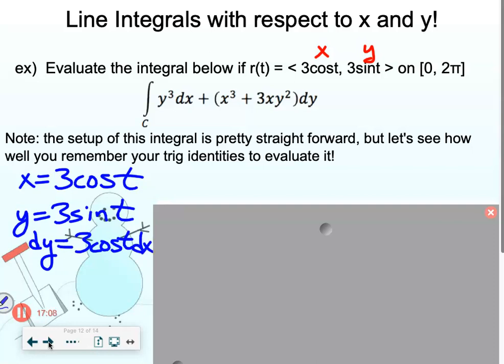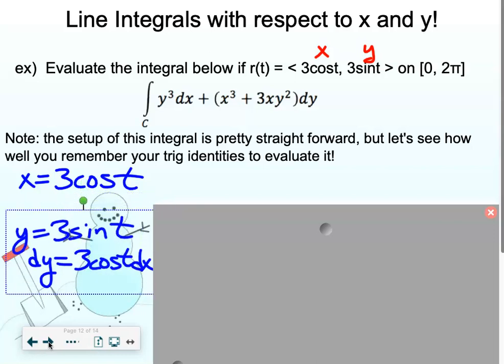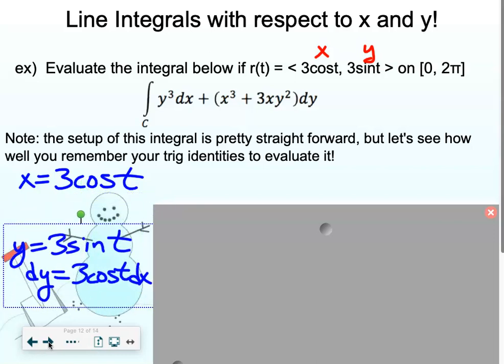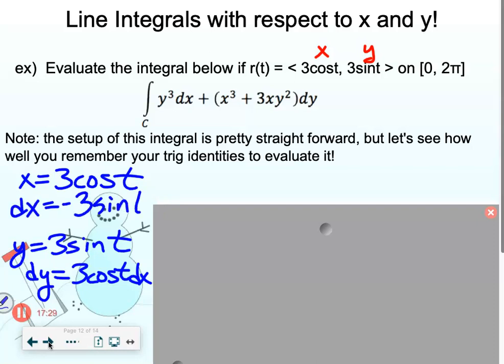And your dx, so my dx equals negative 3 sine t dt.